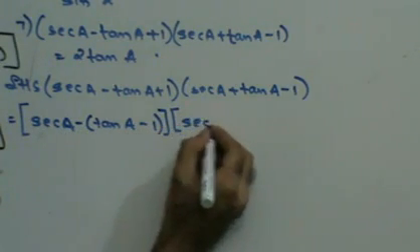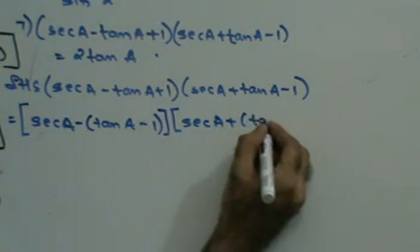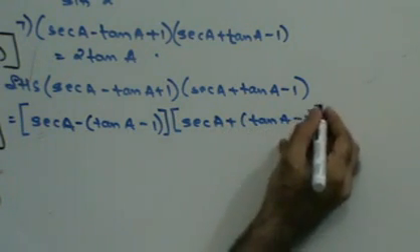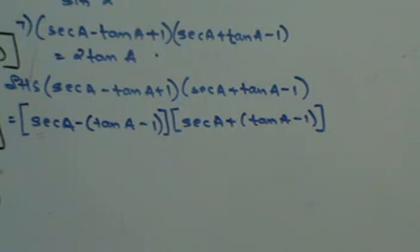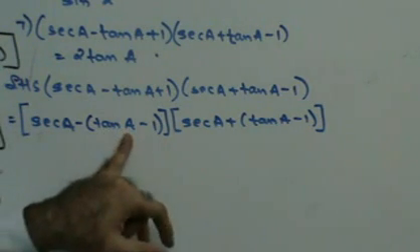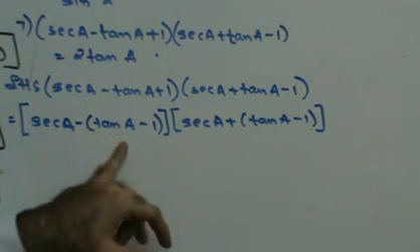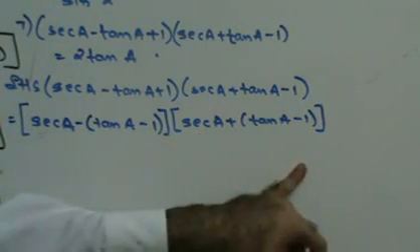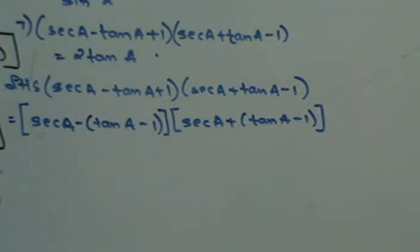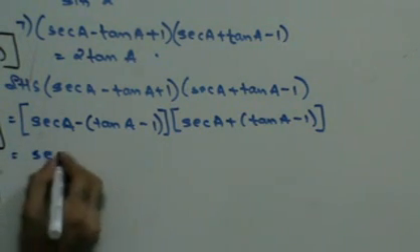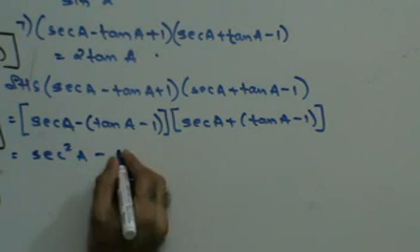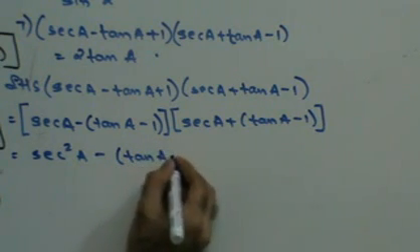And this can be written as (sec A plus tan A minus 1). Sec A can be written as A, and this tan A minus 1 is B. This is in the form (A minus B)(A plus B), which is nothing but A squared minus B squared.